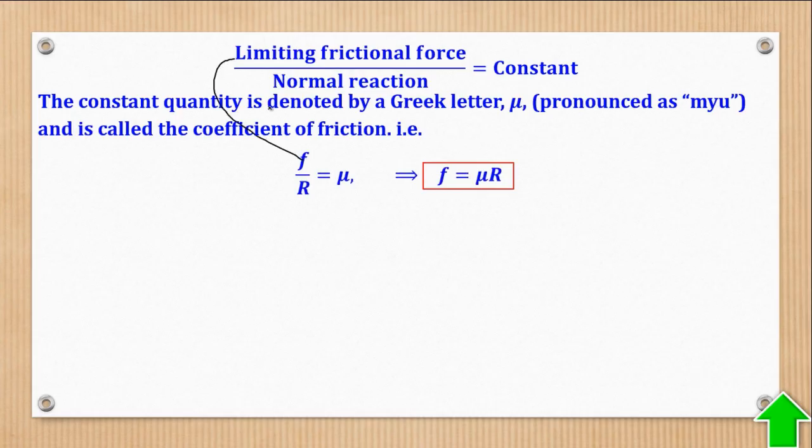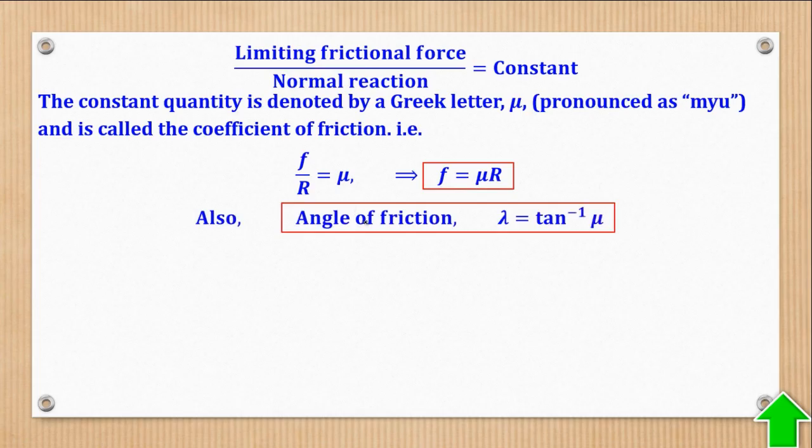Limiting friction is F, normal reaction is capital R, and this constant will now be mu, which is coefficient of friction. When I cross multiply, take this R this side, I'll come up with F being equal to mu R. So this is now a new formula that each time they give coefficient of friction, you can get friction by multiplying mu, coefficient of friction, by normal reaction.